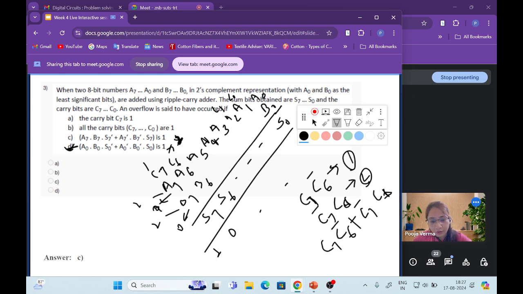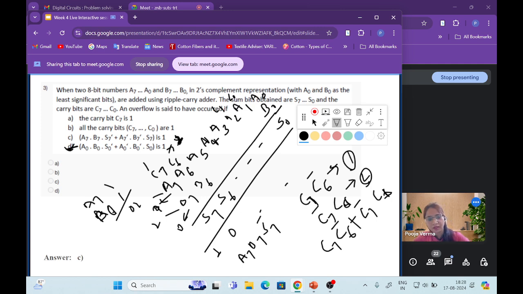The condition of the overflow can be: the first condition is A7 and B7 are 1. When A7 and B7 are both 1 and we add these two, S7 will be 0 and one carry will be propagated, then overflow will occur. So that means S7 dash will be there.